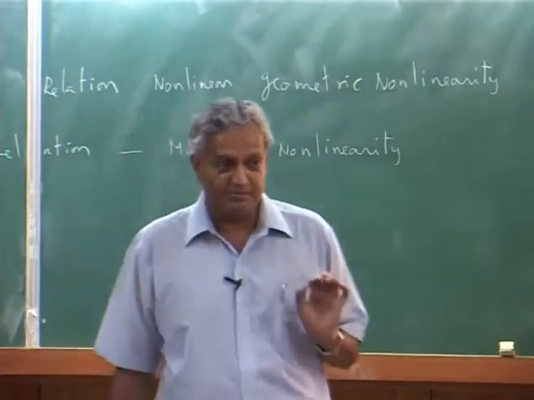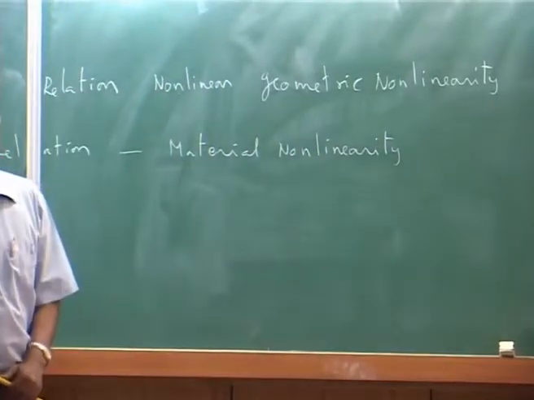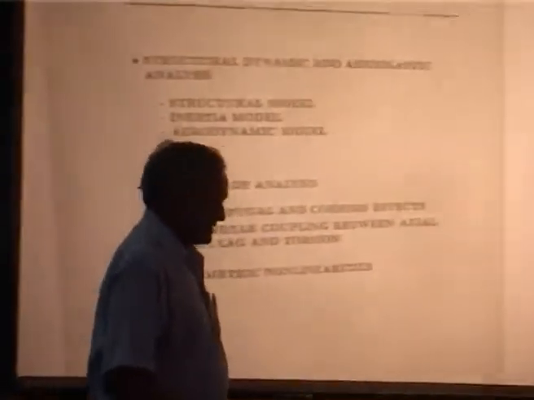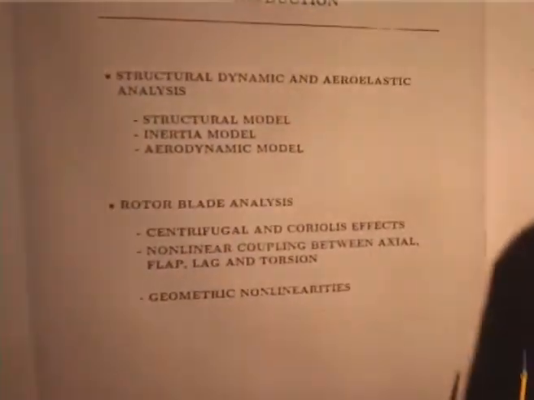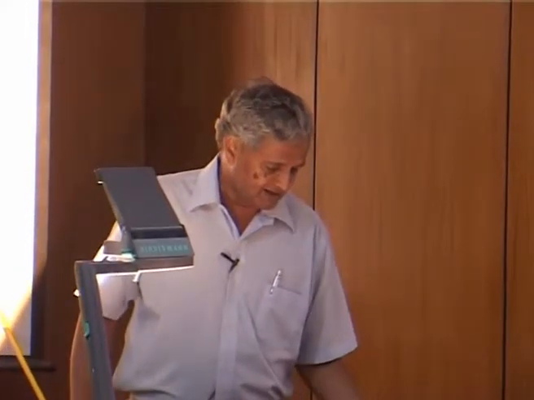It is not a small deformation. That is why this relationship is nonlinear. And that is why geometric nonlinearities have to be considered if you want a proper treatment of this blade analysis.